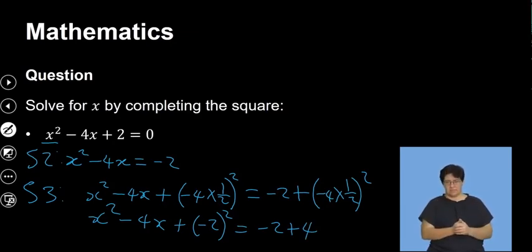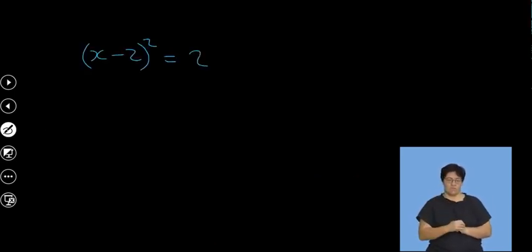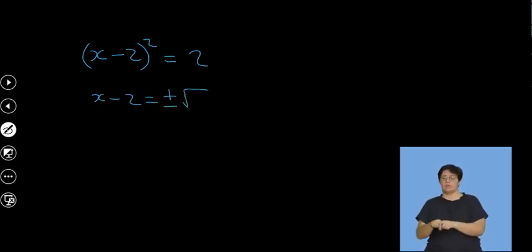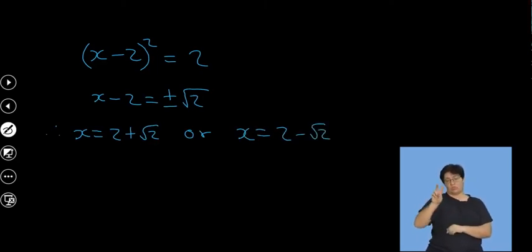And then if you go further than this, it will then be x minus 2 all squared is equal to, remember on the right-hand side it will be minus 2 plus the 4, which will give me positive 2. Square root both sides, this will be x minus 2 equal to plus or minus the square root of 2. Then my solutions will be x equals 2 plus the square root of 2, or x equals 2 minus the square root of 2, right?